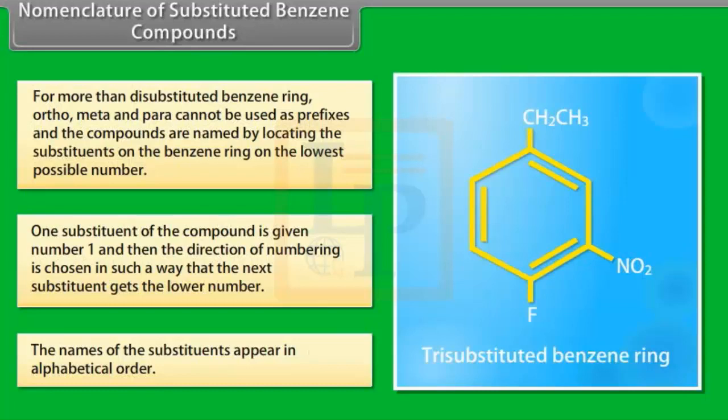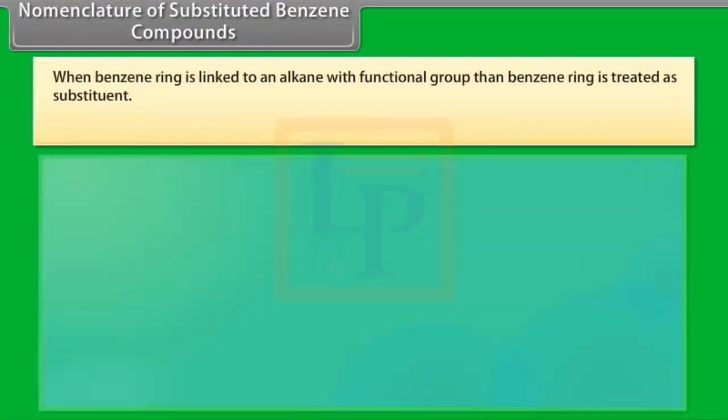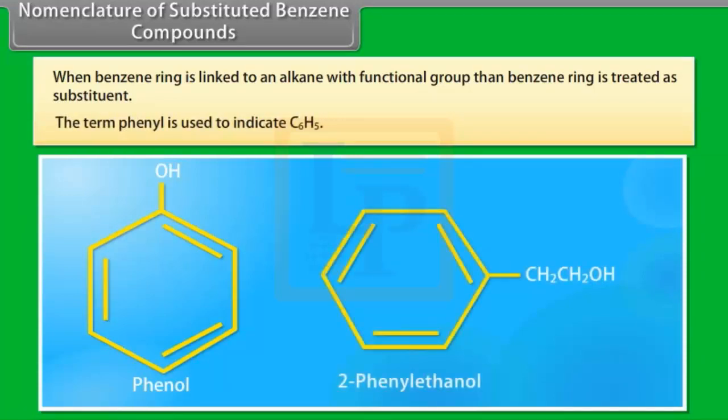The names of the substituents appear in alphabetical order. For example, we assign number 1 to fluorine so that nitro gets 2 and ethyl gets 4. This compound is named in alphabetical order as 4-ethyl-1-fluoro-2-nitrobenzene. When the benzene ring is linked to an alkane with a functional group, then the benzene ring is treated as a substituent. The term phenyl is used to indicate C6H5.